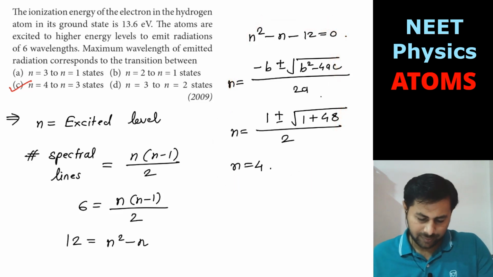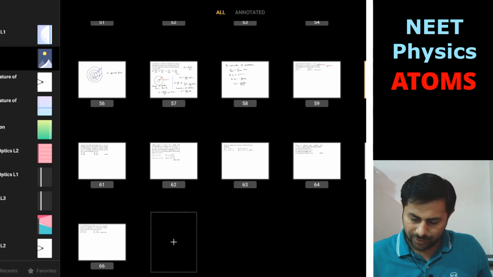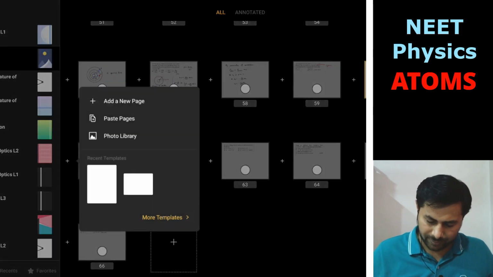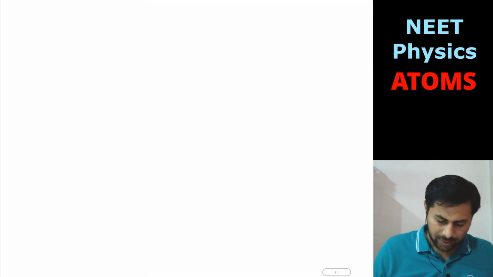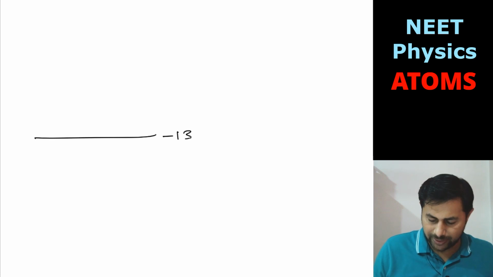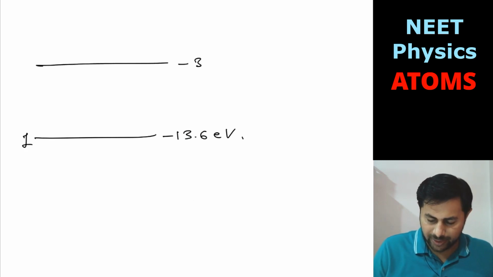All right, so let's see. The energy of the first orbit is minus 13.6 electron volts. This is the energy of the first orbit or first level. The energy of the second level is minus 3.4 electron volts.